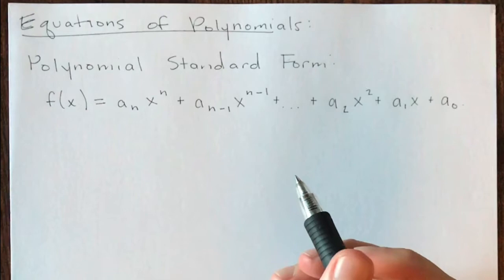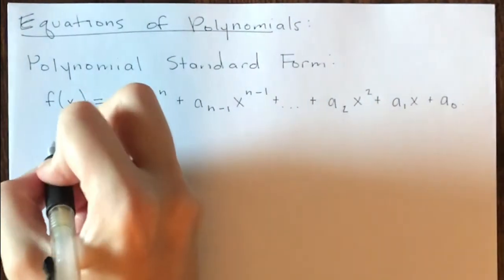Similarly, a sub 0 is a coefficient, but we can think of it as having x to the 0 written next to it, because what's anything to the 0? It's just 1, right? Even those last 2 terms kind of fit into this structure.